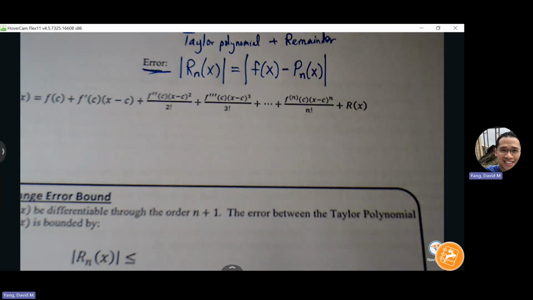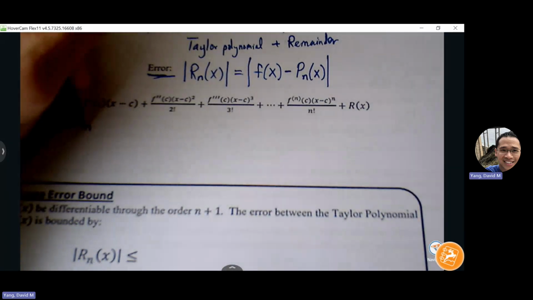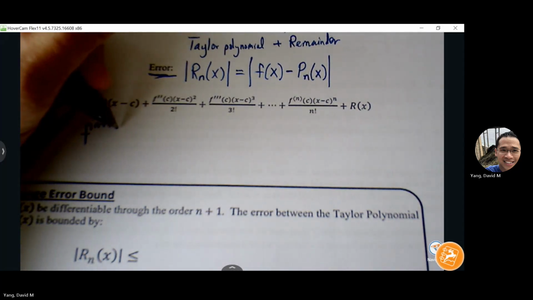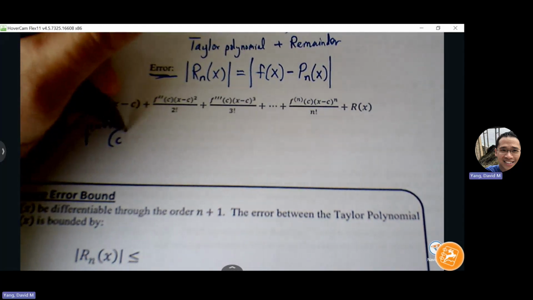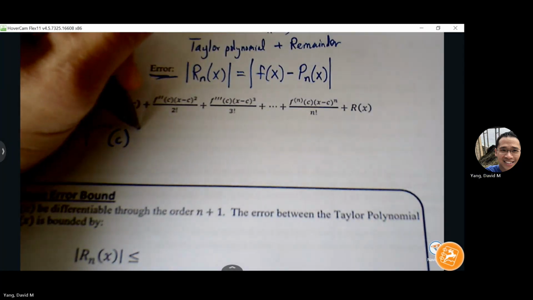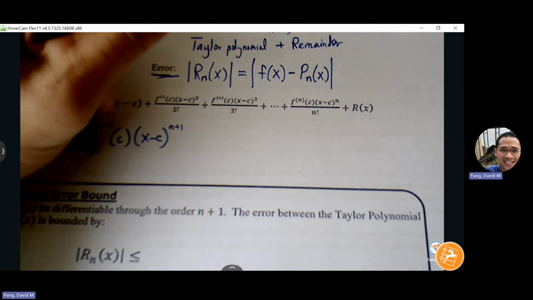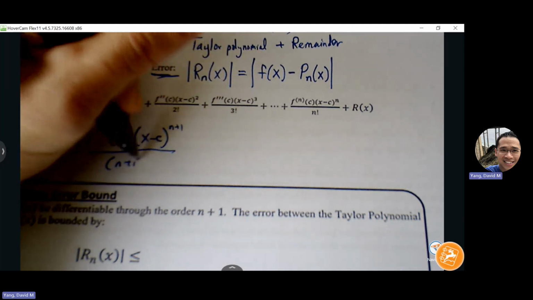Okay. So the remainder is going to involve the first unused term. So it's going to be the (n+1)th derivative evaluated at c, times (x - c) to the n+1 over (n+1) factorial.